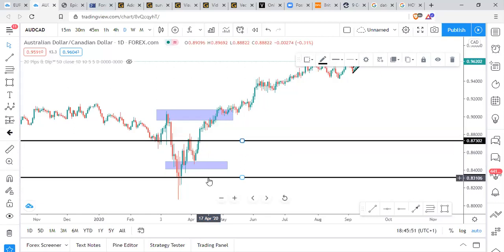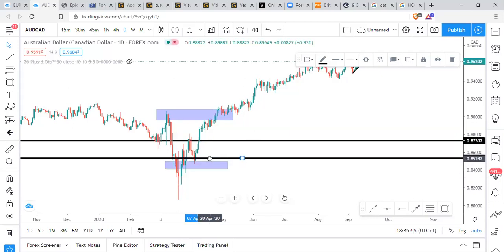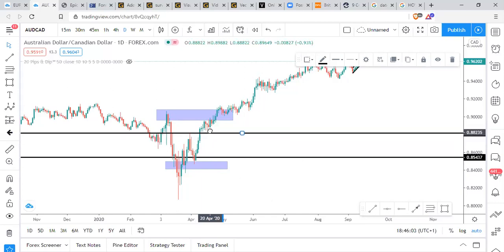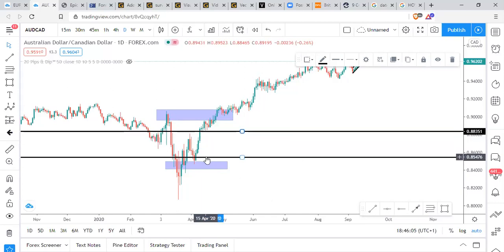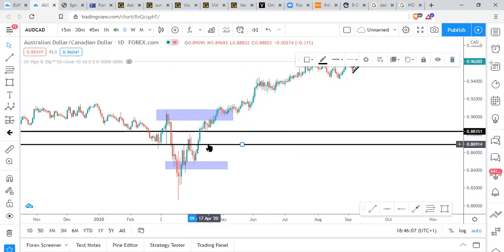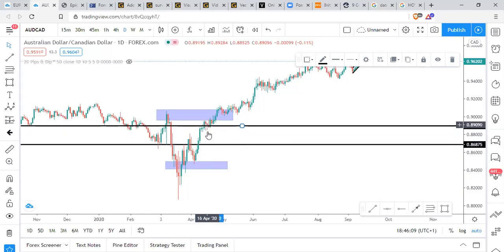You protect your profit. Take your stop loss from here up to this point. You can take it maybe 10 pips, 20, 30, 40, 50. If it moves from here to here, take it with you. You take it again from here to somewhere here. As it's moving, you are moving.